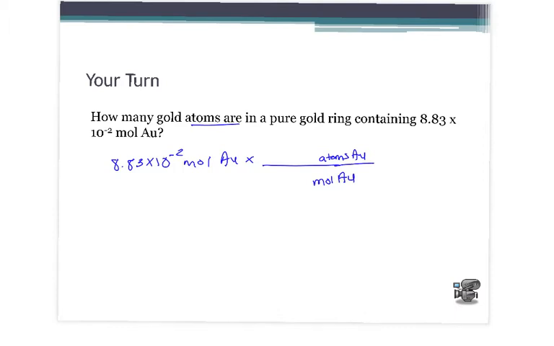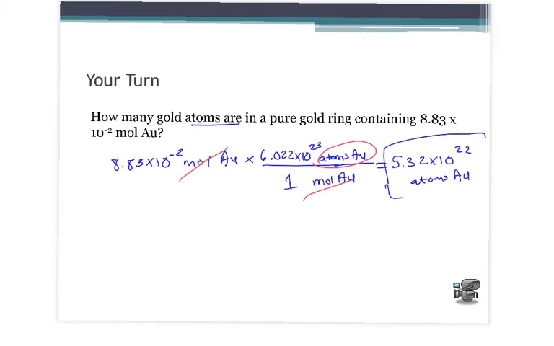Okay. So we know for every 1 mole, there is 6.022 times 10 to the 23rd atoms. Our moles cancel and we're left with atoms. And we get 5.32 times 10 to the 22nd atoms of gold.